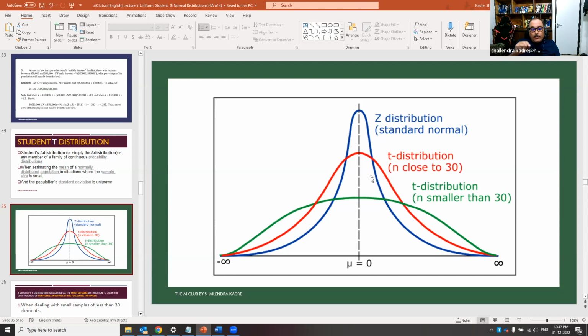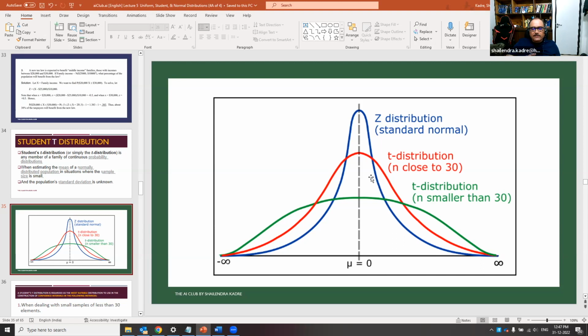But if the population standard deviation is somehow not known to you, then you will go for the student t distribution. Another case, if the number of experiments or samples is less than 30, then also you will go for the student t distribution. Otherwise, you can say that the student t distribution is a special case of the normal distribution.